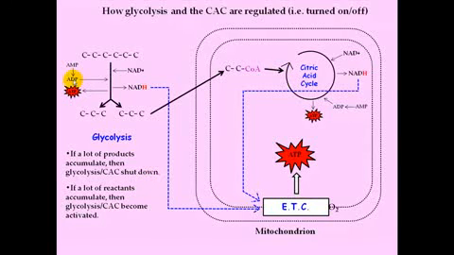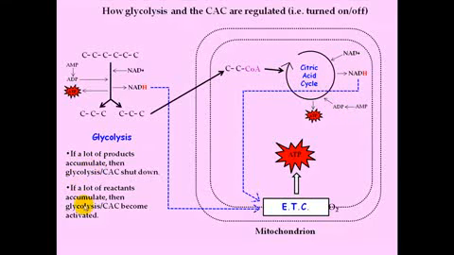So you see here that ADP is required for glycolysis to happen. NAD is required in order for glycolysis to happen. The same thing with the citric acid cycle, right? So those are the reactants as well for the citric acid cycle, because NAD is required for it to occur. ADP is also required for it to occur.